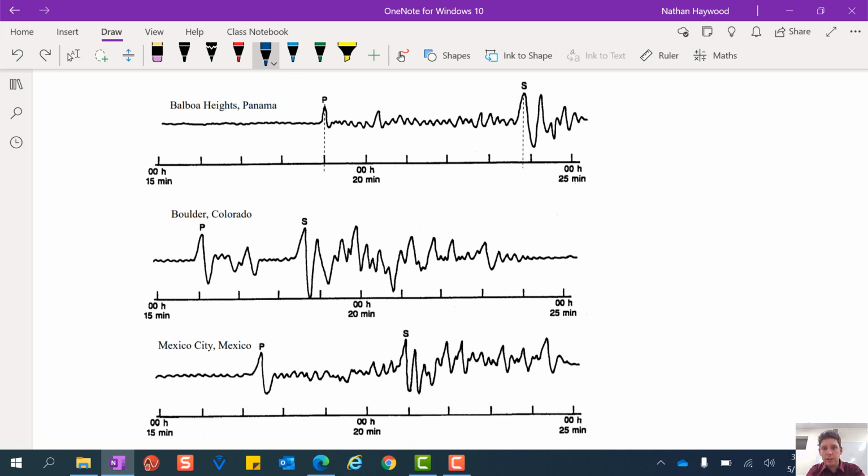So for this graph, Panama, the P wave arrived at, if that's 15, 16, 17, 18, 19 minutes. The S wave arrived 20, 21, 22, 23, and approximately 45 seconds.